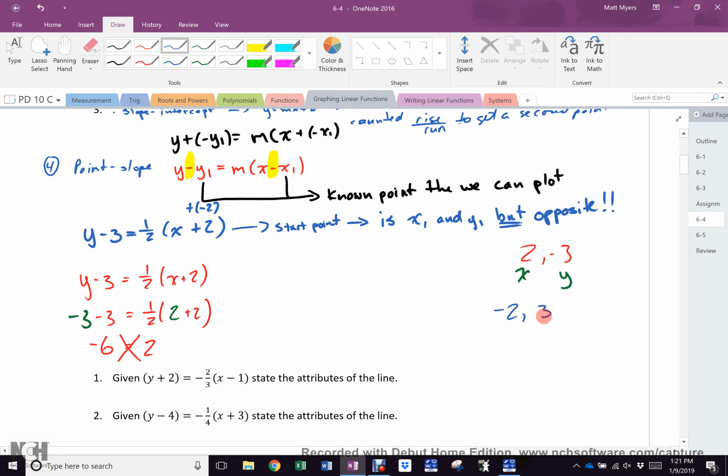Agreed? Okay, now watch. What happens here? What can I put in here? 3. So it would be 3 minus 3 equals 1/2 bracket. What's going in for x? Negative 2 plus 2. What is negative 2 plus 2? What's 0 times 1/2? 0.